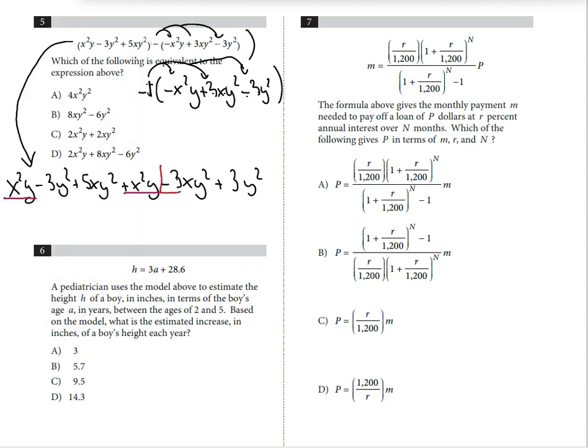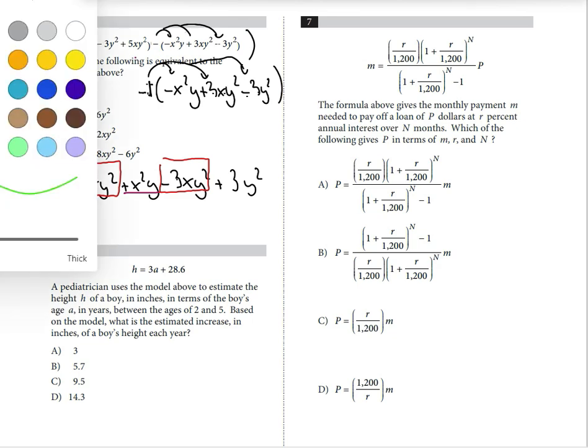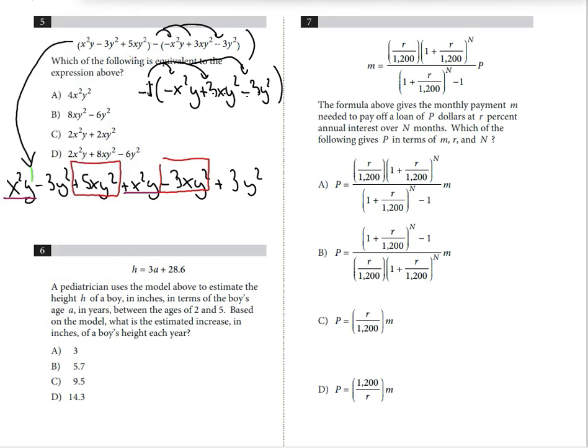Our negative 3xy squared and the plus 5xy squared are like terms. So I'm including the sign with each term. And the minus 3y squared and the plus 3y squared are like terms. Okay, so let's rewrite this, grouping our terms together.